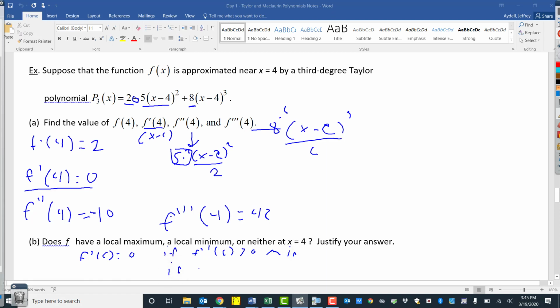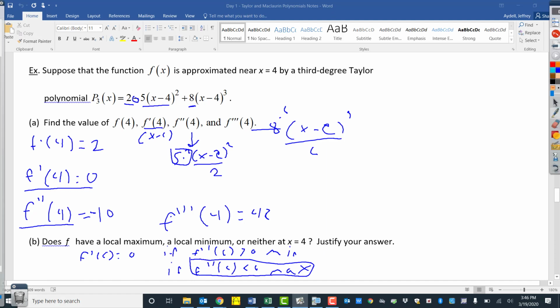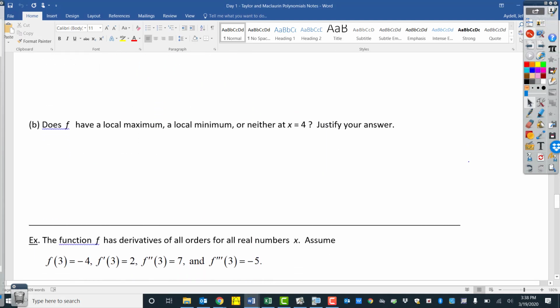And if f double prime of c is negative, then we have a max. Well, we already have enough information with this. We are already given f double prime of c. Well, it is negative, so that means we have a max there. All right? So let's keep moving.